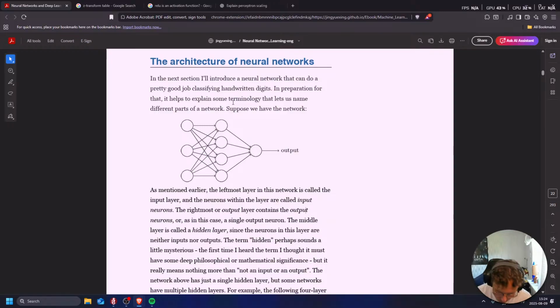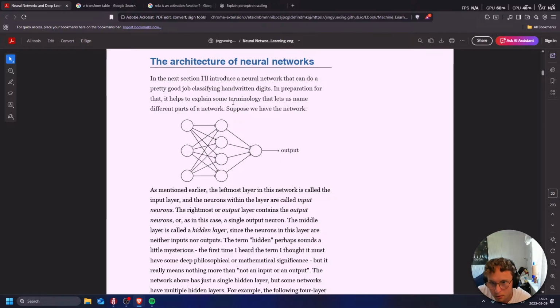The neurons within the layer, so the middle layer, are called input neurons. And the rightmost layer, I think they call it hidden layer.